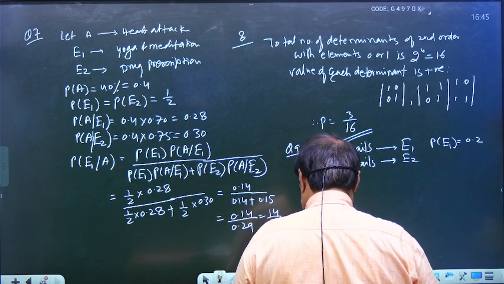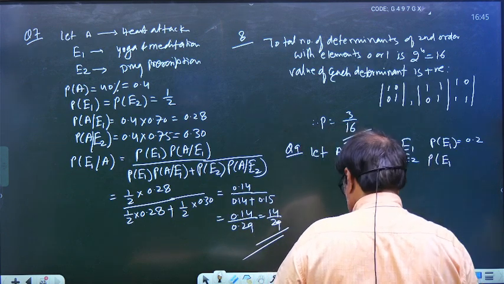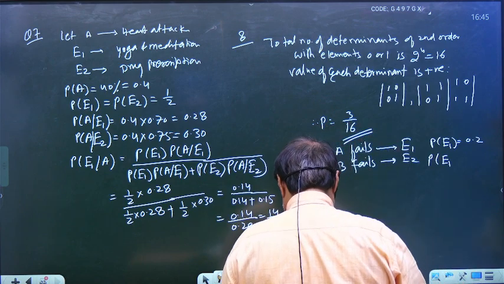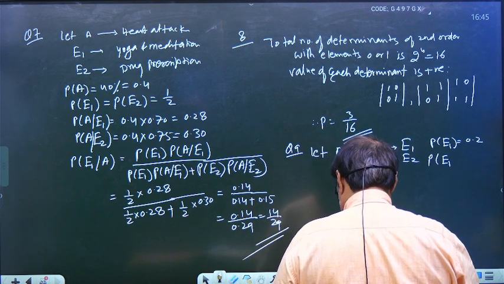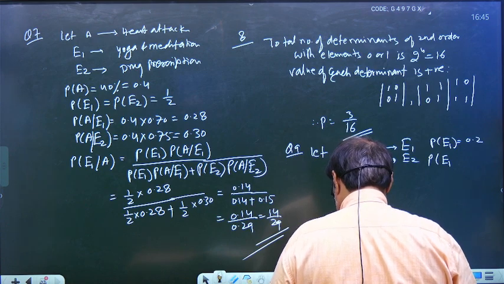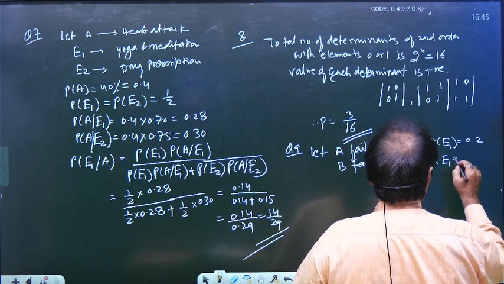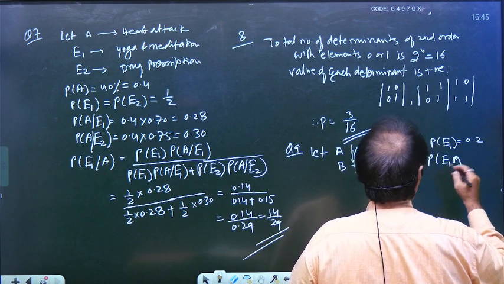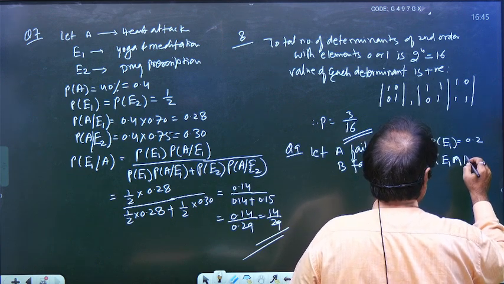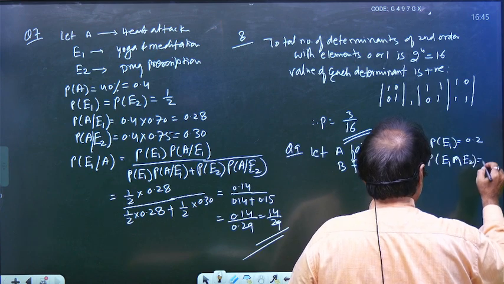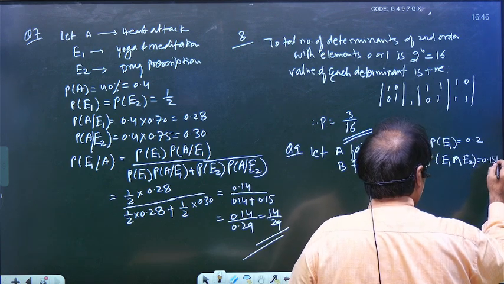And what is given? Probability of E1 and E2, and means intersection, so we can write probability of E1 intersection E2. This is given 0.15.